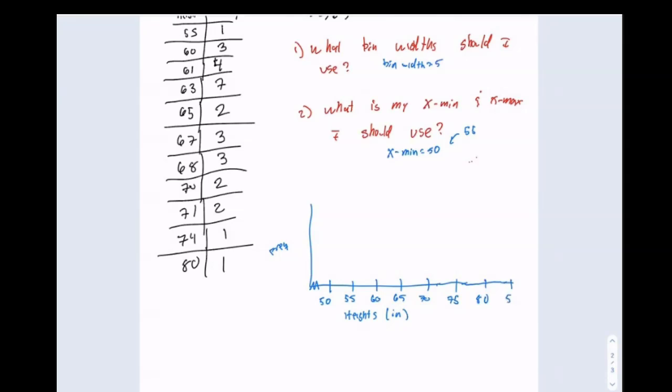Can anybody tell me why? I could have gone to 90, but 85 is what I need to go to at least. Why do I need that 85 on my bottom, or else my histogram will be incomplete?